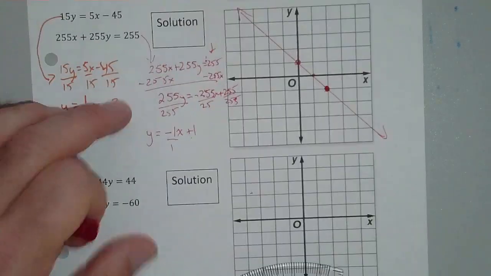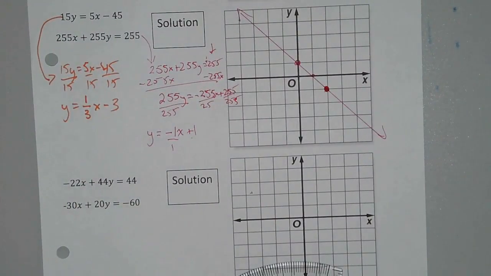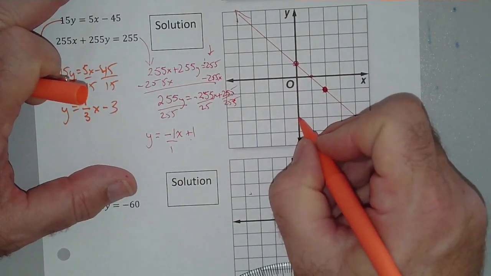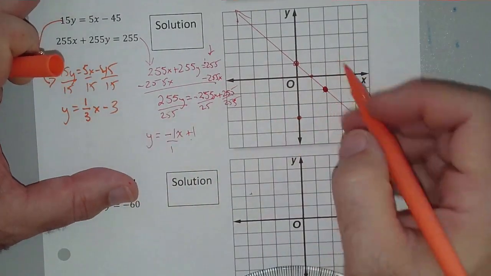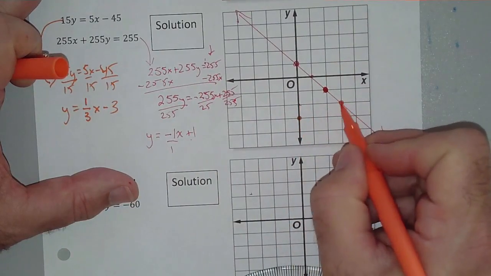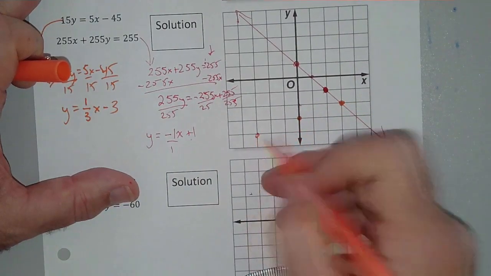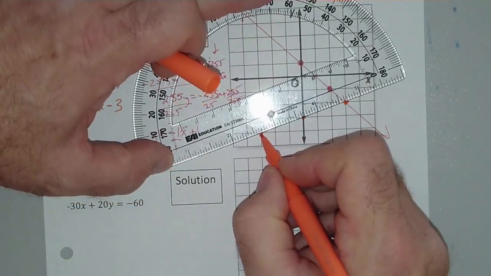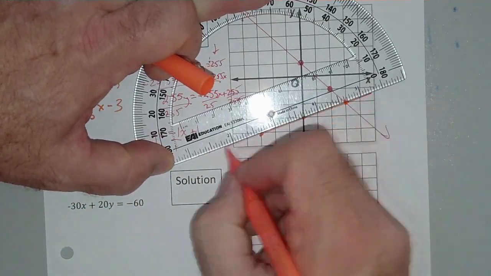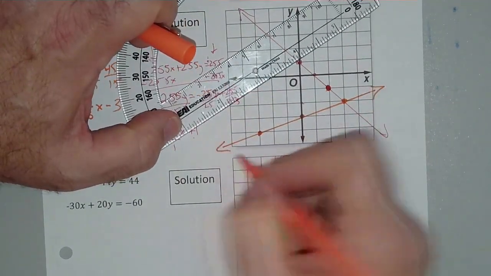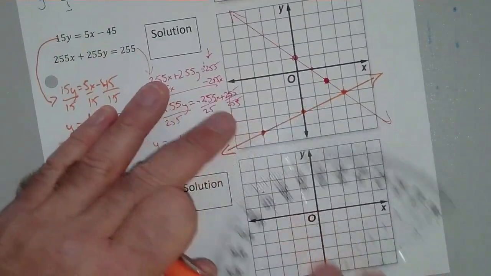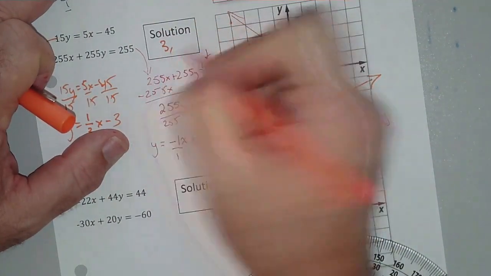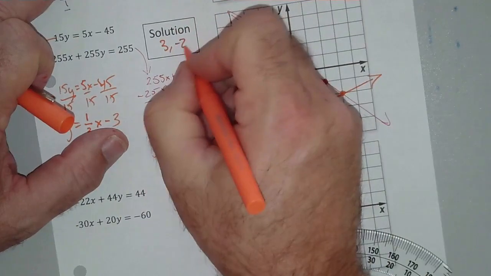Then looking at the other one I did in orange, we are at negative 3, positive 1/3, up 1 right, got it, down 1 left 3, here we go, line that up, yeah, and that gives us a solution of 1, 2, positive 3, down 2, negative 2.